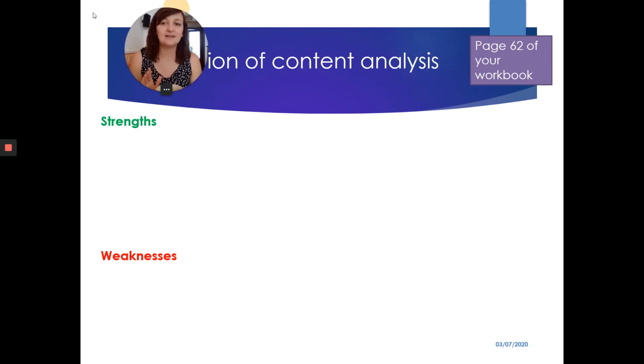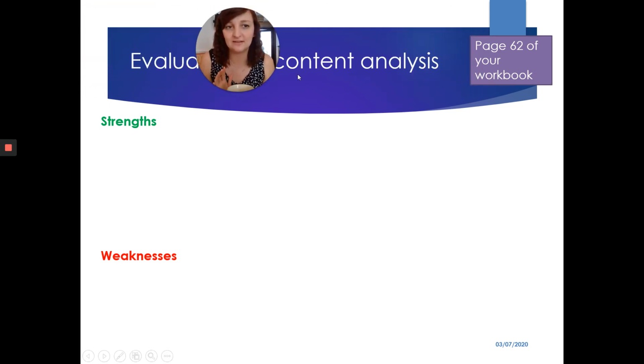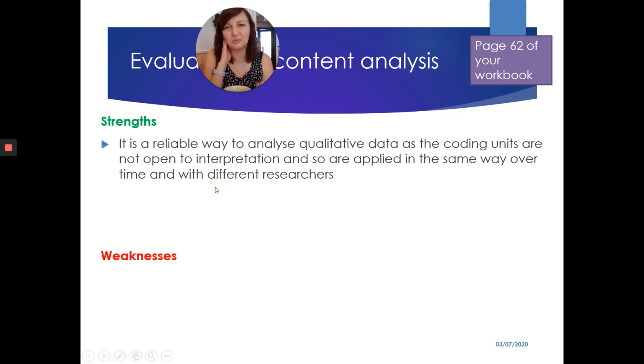So with content analysis, there are strengths and weaknesses to it, and I've gone through them a little bit already. A strength of content analysis is it's reliable. To analyse qualitative data is difficult in itself, and those coding units are open to interpretation. But if you have more than one researcher come in, it makes it better.